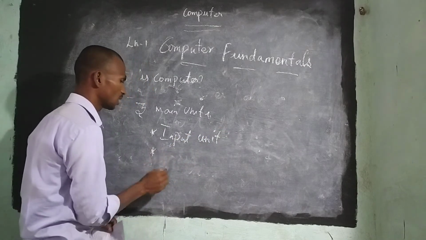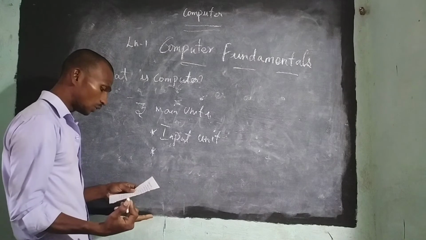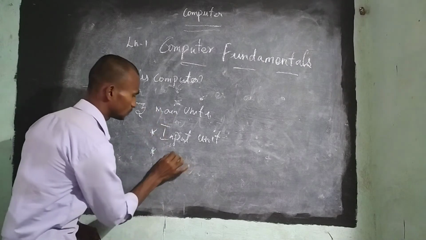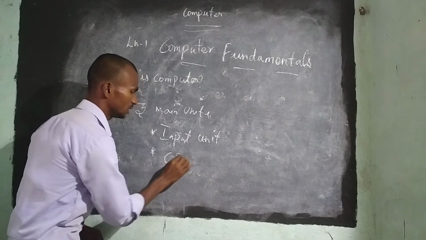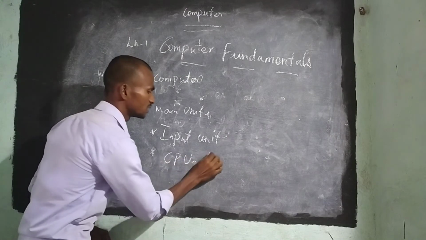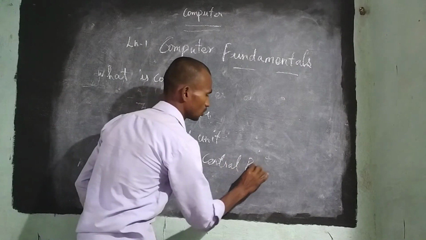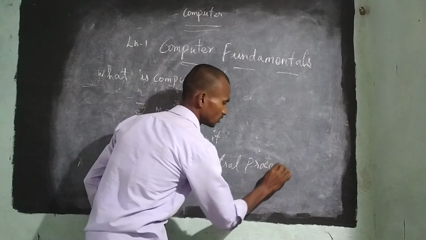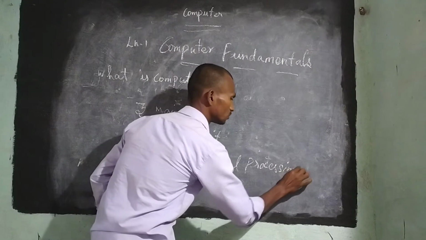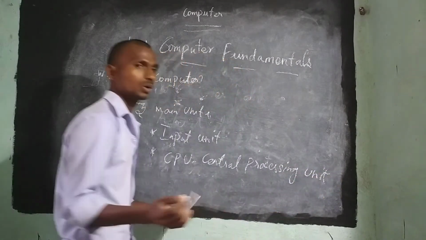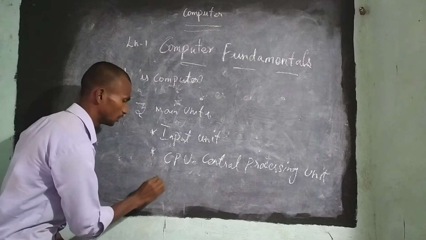Next one is the control unit, or CPU. CPU means central processing unit. Another one is the output unit.